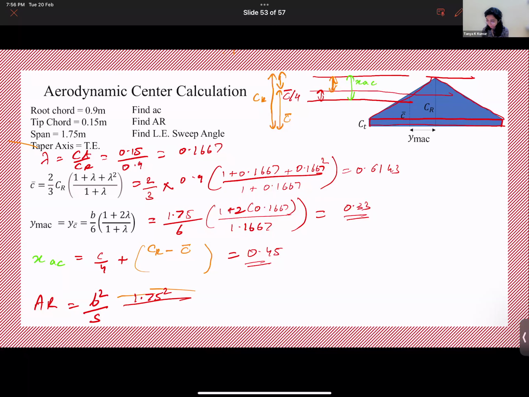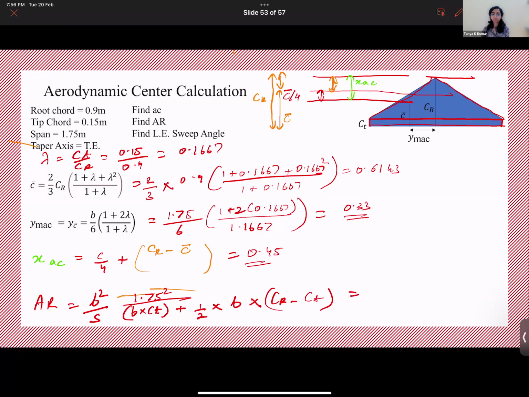Right? So first, area of the rectangle will be span into CT. And area of the triangle will be, what will the area of the triangle be? Half base, span, into height, CR minus CT. Correct?